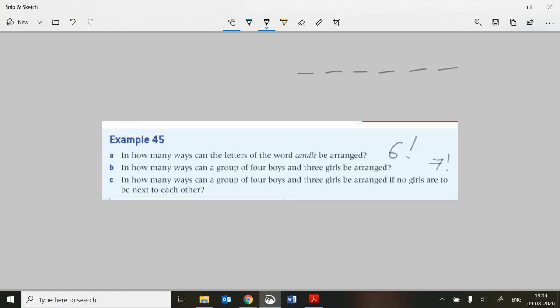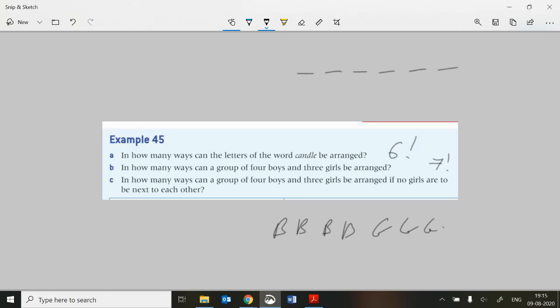Now, if they were identical, if you just didn't care and were just saying, well, what word does it spell out? That's a different problem. You've got 4 boys and 3 girls, and you'd be asking how many words you can spell with that. That's a different problem. But all of these people are distinct people. So it's still 7 factorial here.